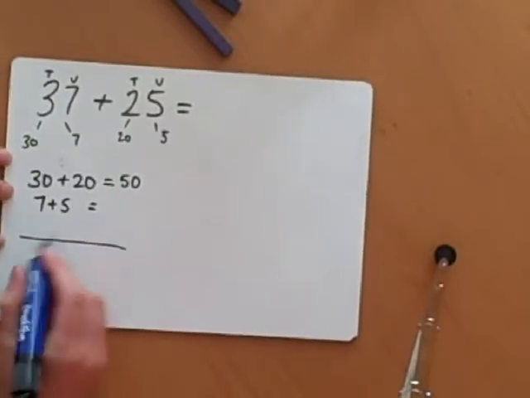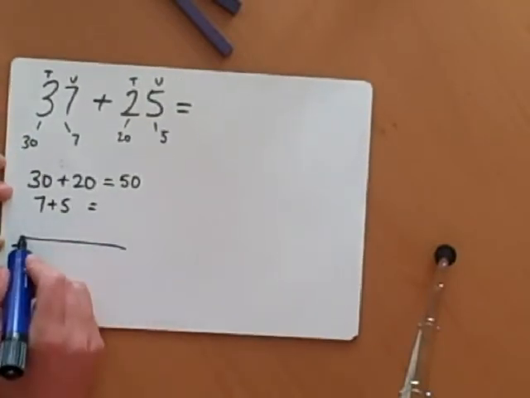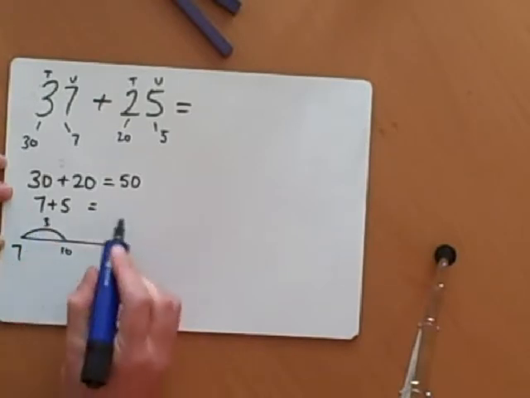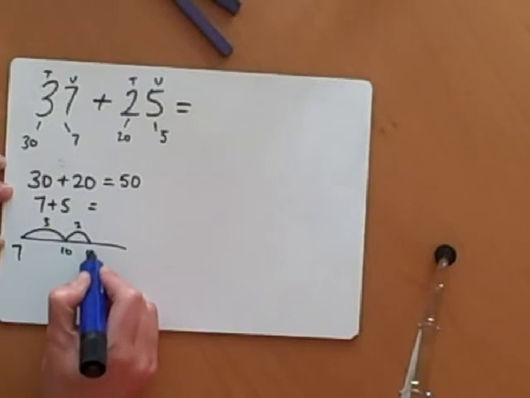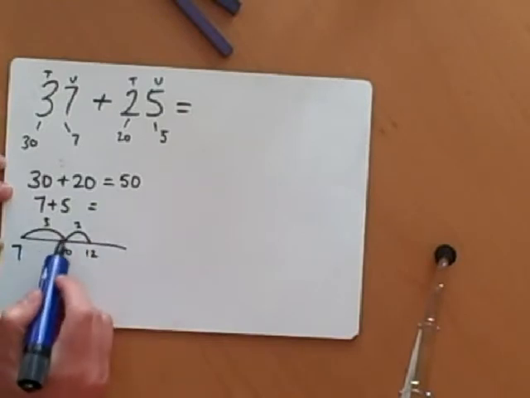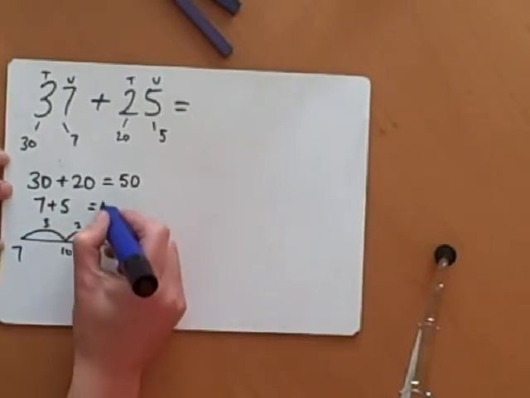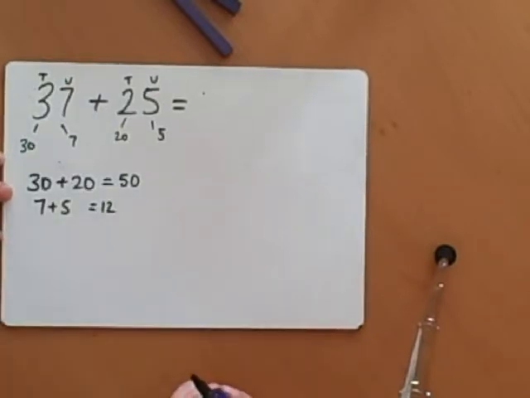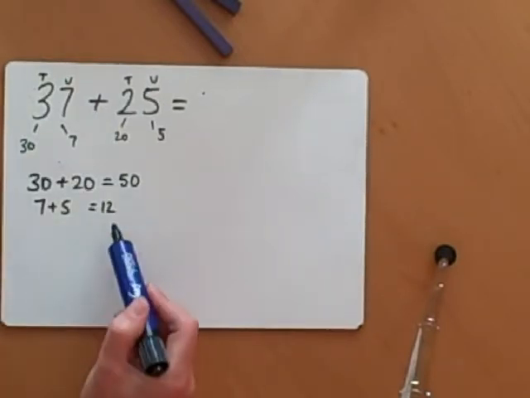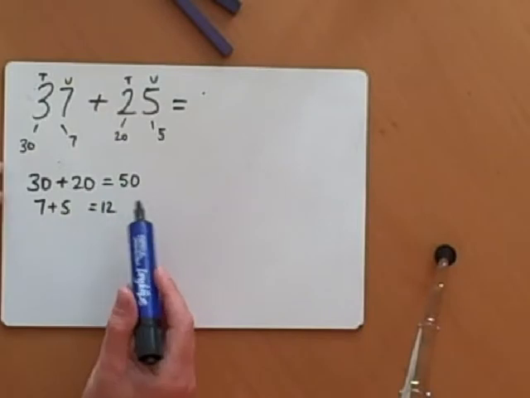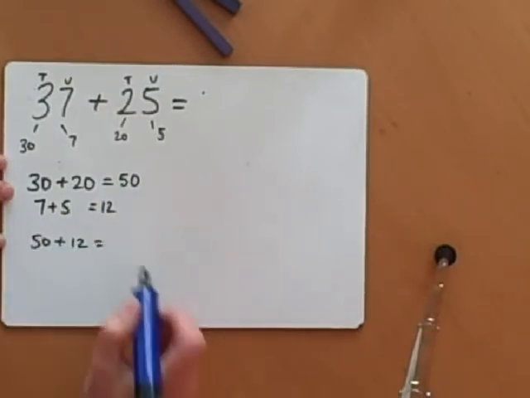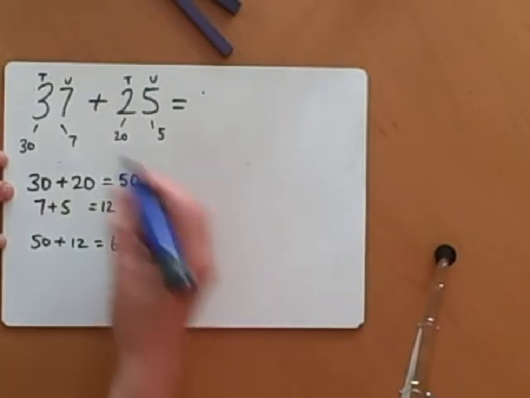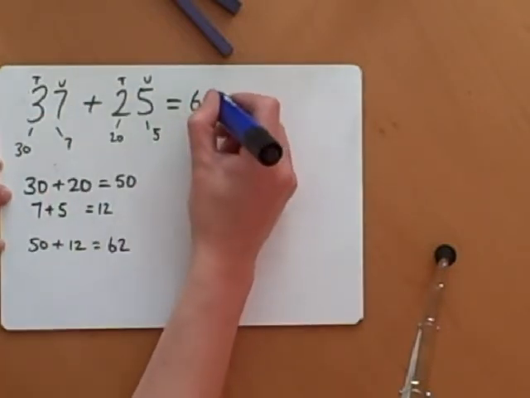So mentally what I'm doing in my mind is starting at 7, adding on 3 to get to 10, and then I know I've got 2 left of my 5 to get to 12, because 3 and 2 makes my 5, so that's a 12. Then the children need to add together their tens and their units. So we then have 50, add 12, which gives us a total of 62. So we know that 37 add 25 is 62.